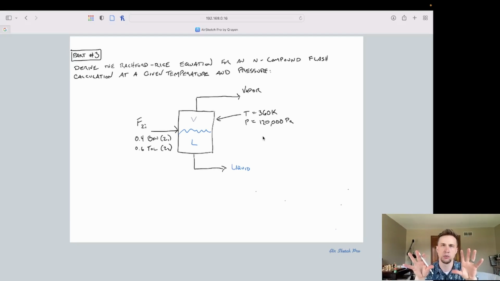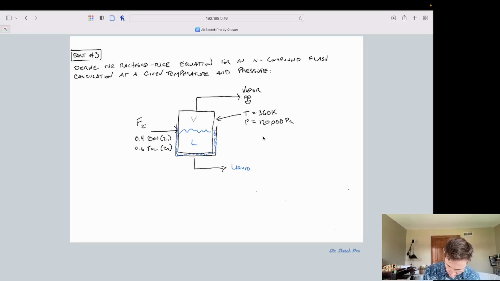What we could say, if we wanted to, is how do we regulate the temperature? Well, we would have a cooling jacket to help us regulate the temperature for the flash drum.